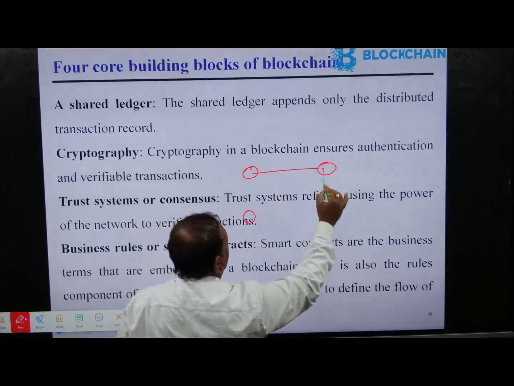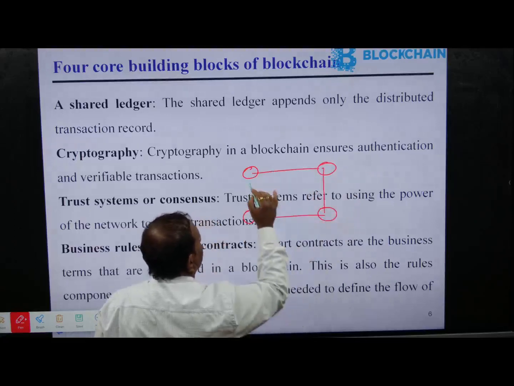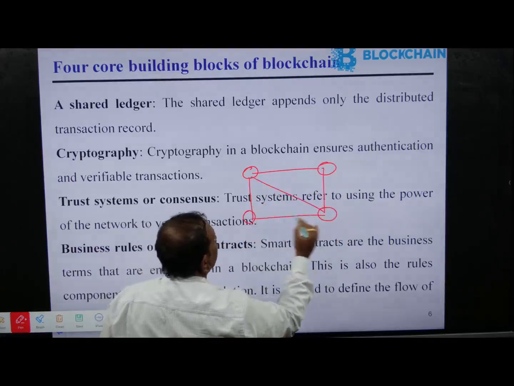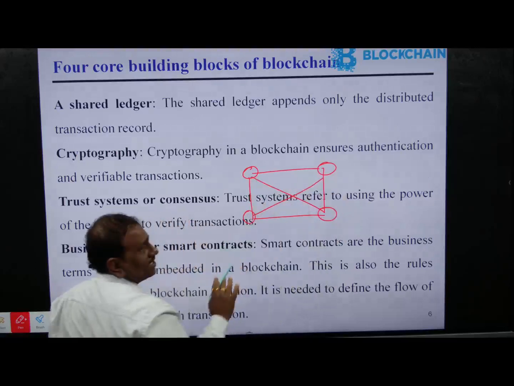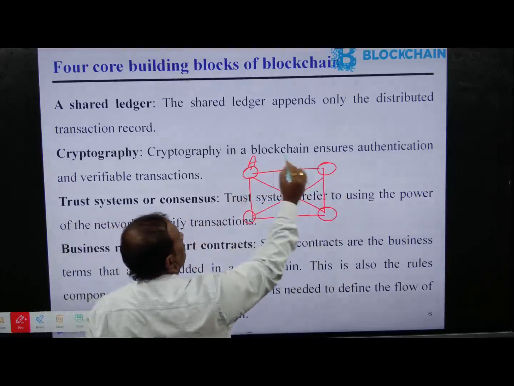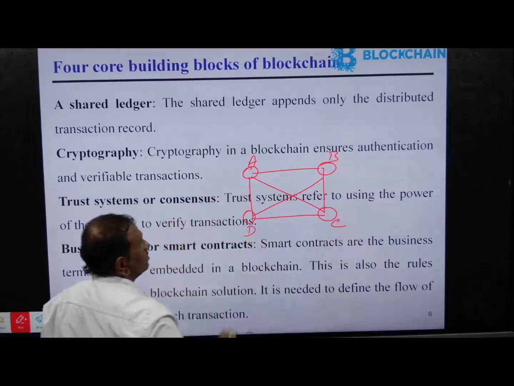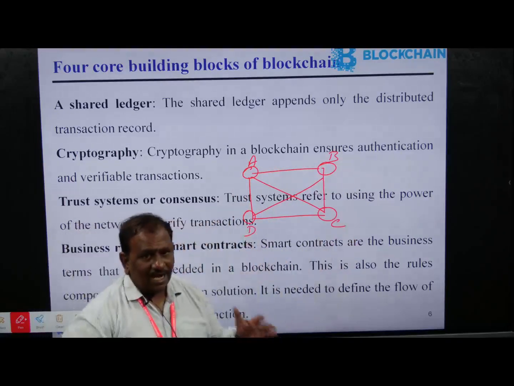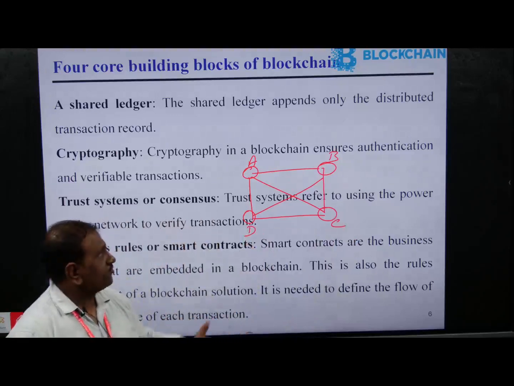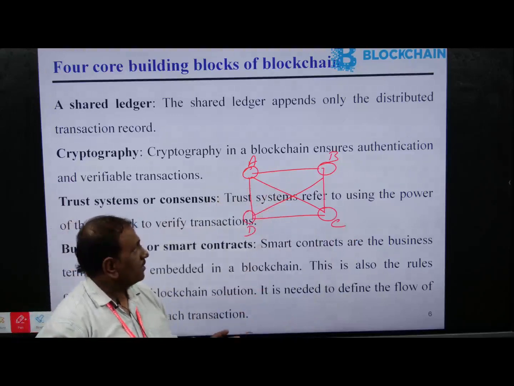These are the four nodes which are connected as peer-to-peer. What does it mean? That I will discuss in the later part. This is my one node and another node, and this is another node. I have several nodes which are connected this way.